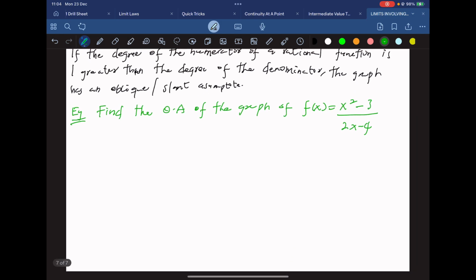Whenever you have this, what you have to do is your long division. So to find the oblique asymptote, you do your long division. So you have s squared. Now there's no x term right here, so we have 0x, then minus 3.